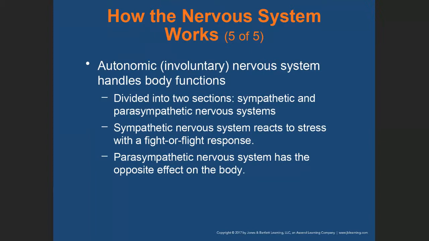It's divided into two sections: the sympathetic and the parasympathetic system. The sympathetic nervous system reacts to stress with a fight or flight response, and the parasympathetic nervous system has the opposite effect on the body. All of this is information that you should be familiar with at this stage.